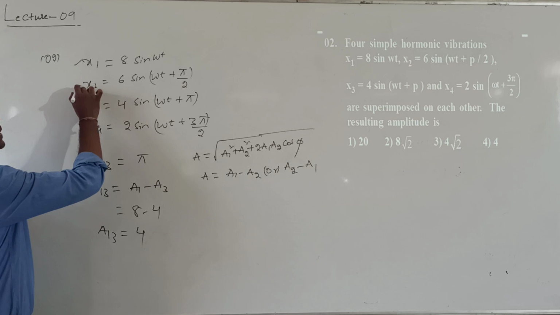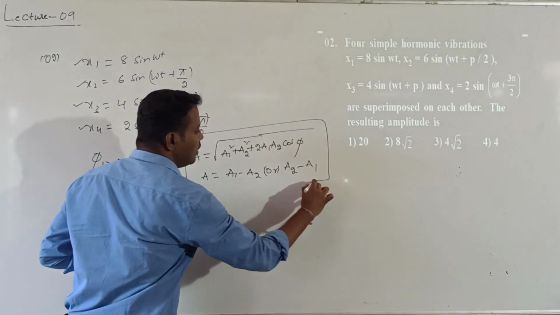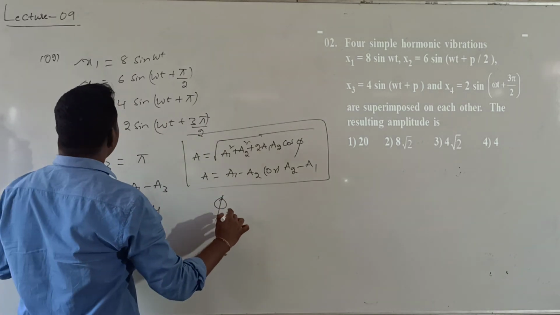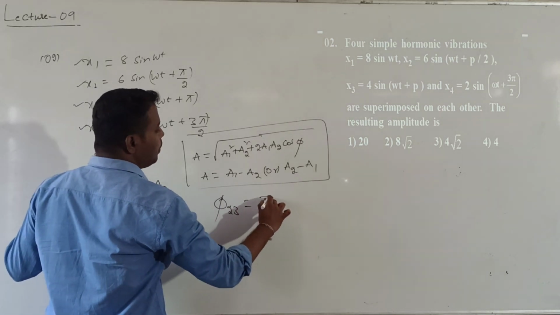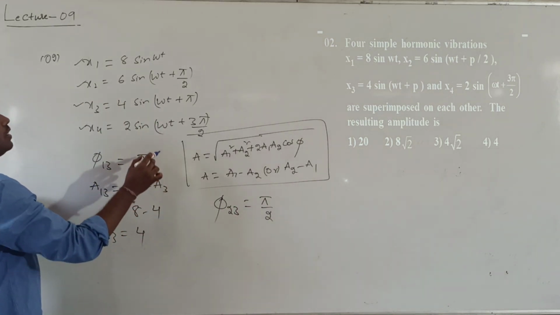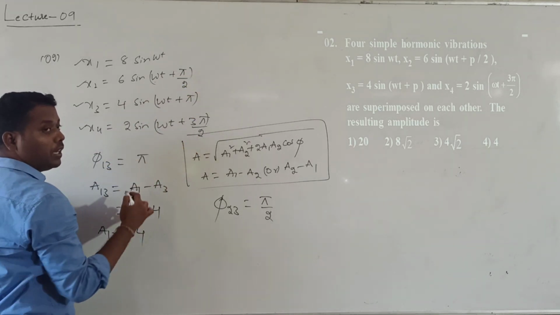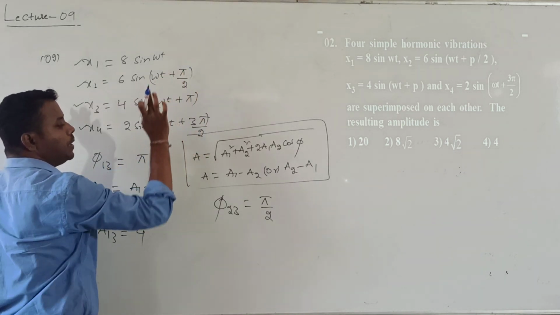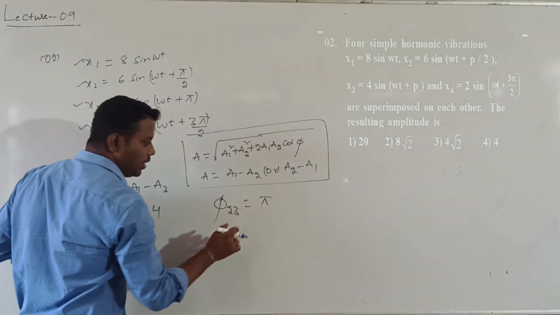Similarly, the phase difference between the second one and the fourth one. This is the general formula. That phase difference will also be equal to pi. Why? Because here we have omega t plus pi by 2 and omega t plus 3 pi by 2. If you subtract these both, 3 pi by 2 minus pi by 2 will be equal to pi, not pi by 2, it is pi only.